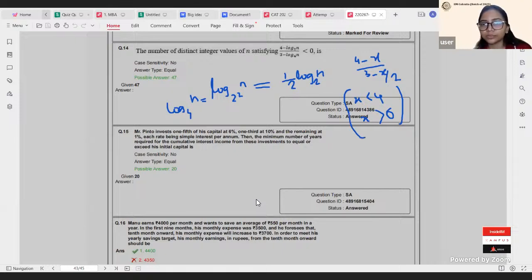If you just plain and simple put the values of these two equations, it will not hold true. So essentially the value of x should be anywhere between these two numbers. So x should be between 4 and 6.